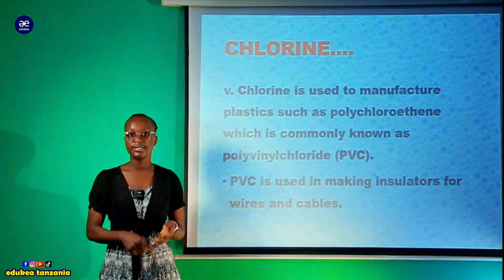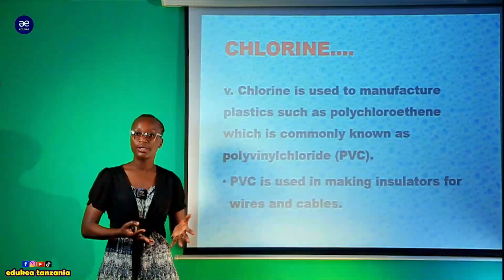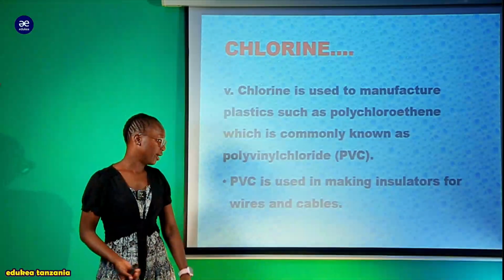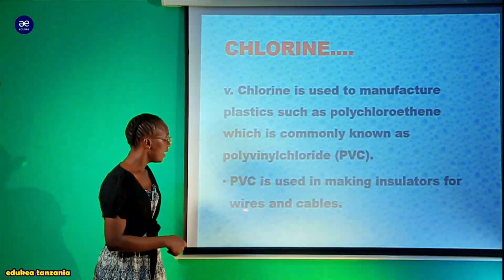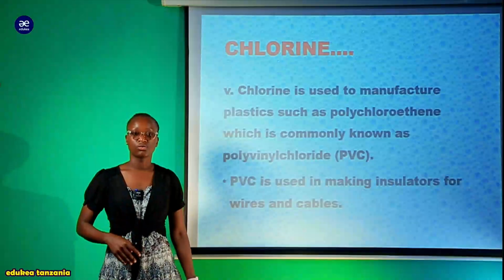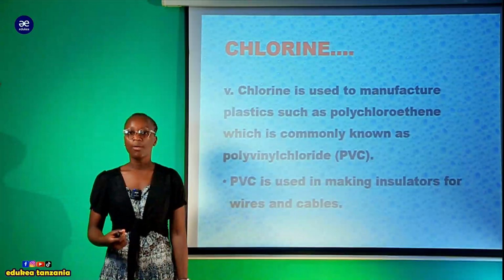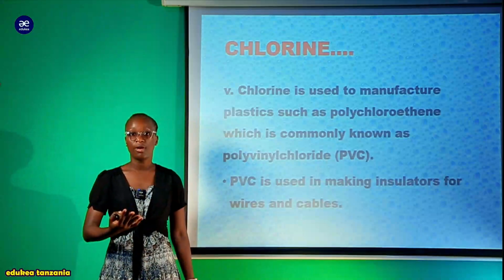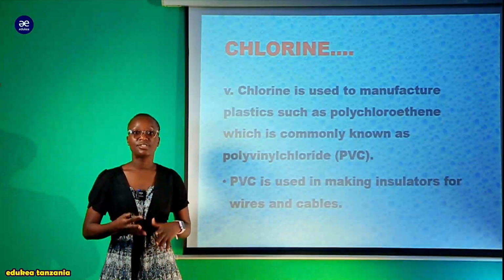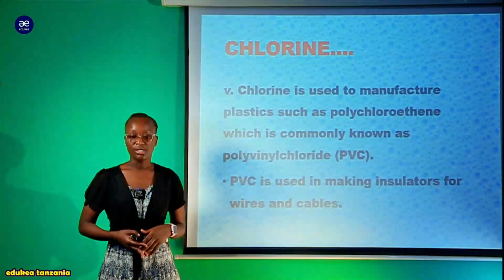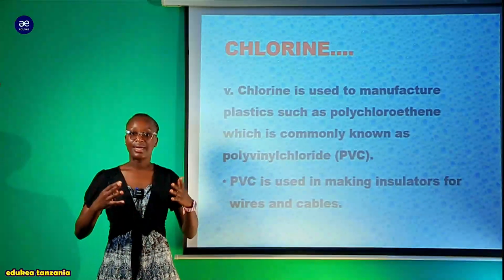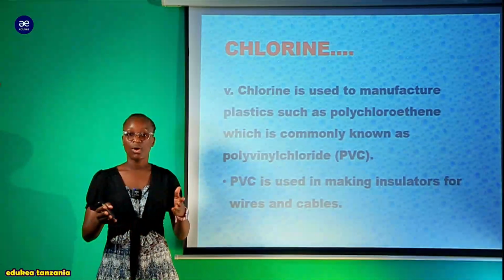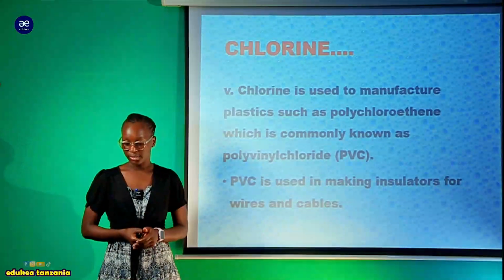Hata ukishika hivi haikupigi shoti, haikuaffect, and you can handle it anywhere, you can move it anywhere. Also the different wires ndo hizo ninazozungumzia na hizo cables. I hope you will observe at home there also. Najua wanafunzi wangu nyinyi wadadisi, mtaenda and check and pass through so as you can relate what you have learned to your daily surrounding environment.